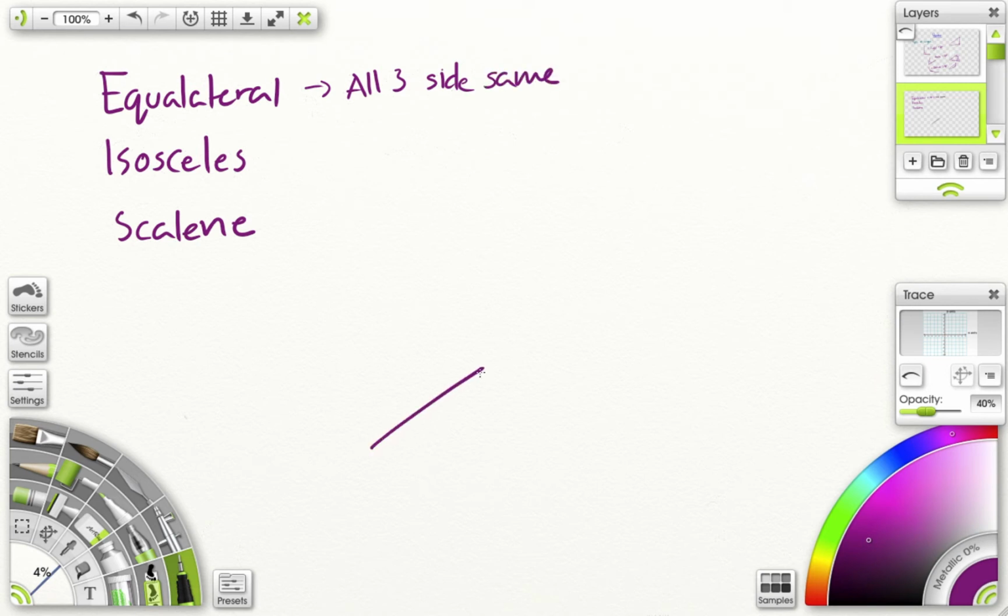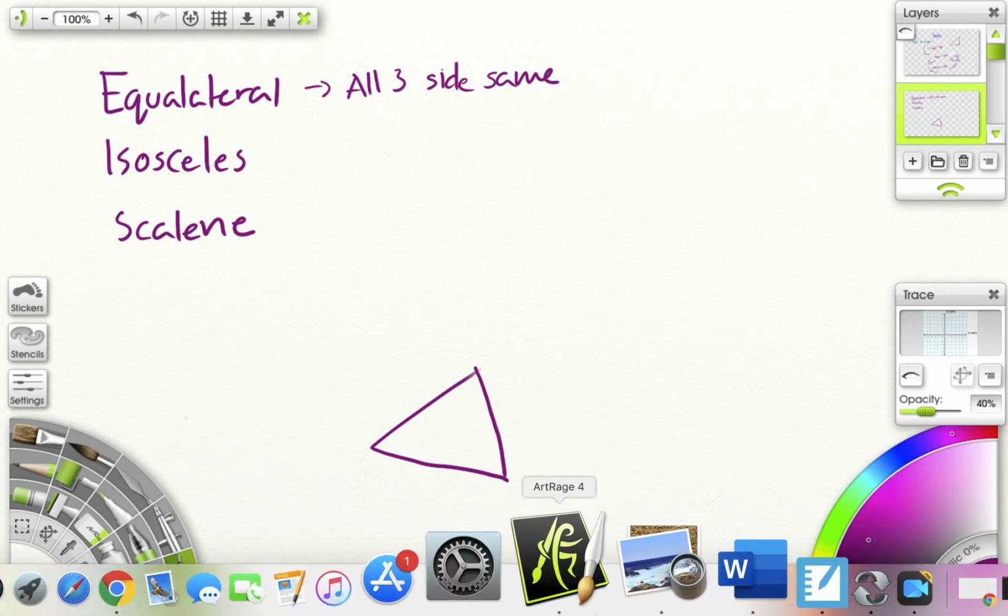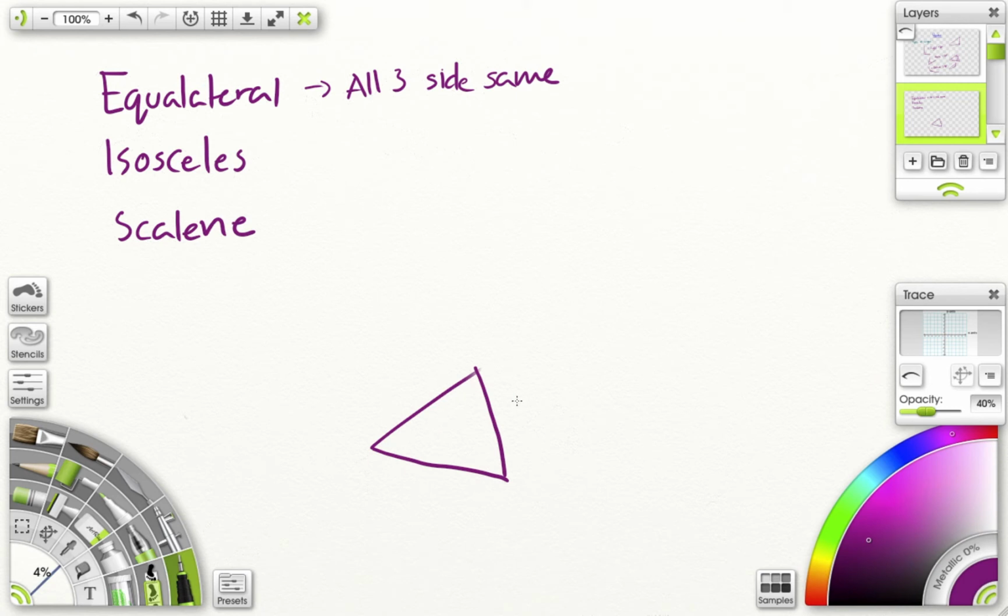So if one side here is 6 centimeters, it means all sides are going to be 6 centimeters. So for the sake of argument, let's say all 3 of these sides are exactly the same length. I can't draw it very well. It means this is an equilateral triangle.